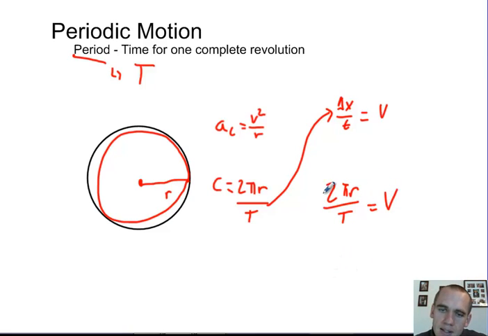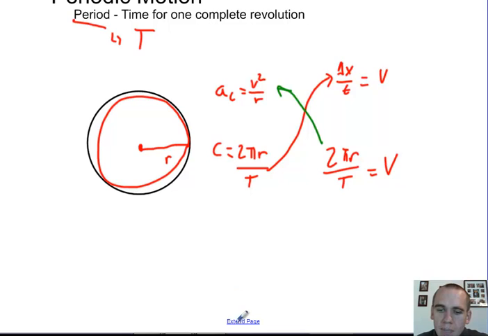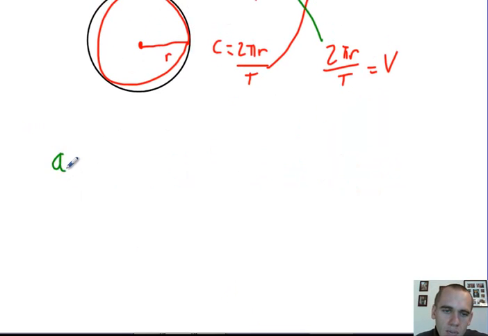Then I can put this into my centripetal acceleration formula over here, and we can actually get a centripetal acceleration that depends on period instead of on velocity. So what we get is centripetal acceleration equals v squared over r, but v squared is (2 pi r over T) squared divided by r.